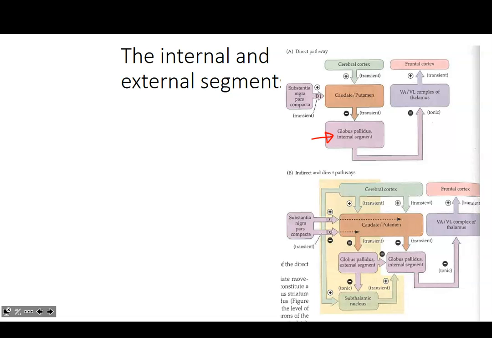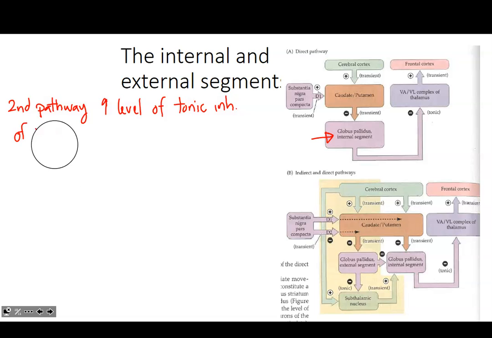We can say that there's a second pathway besides the direct pathway, which helps to raise the level of tonic inhibition of the direct pathway.